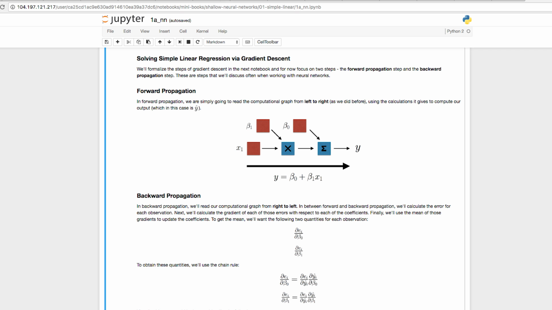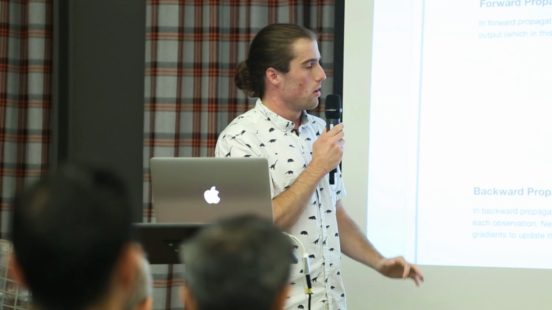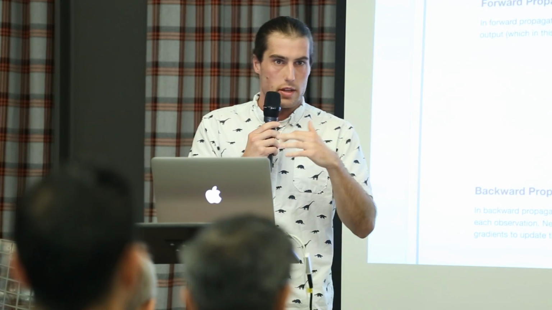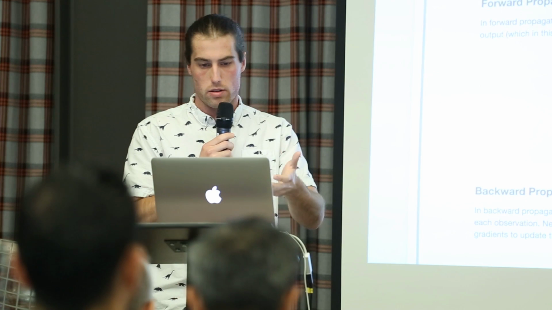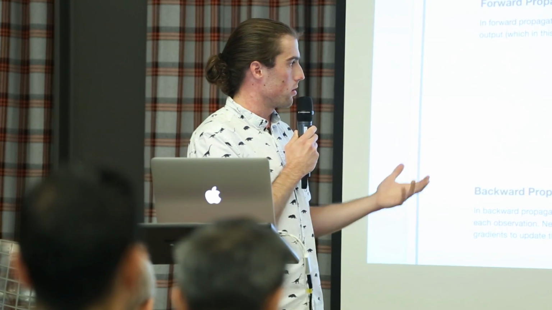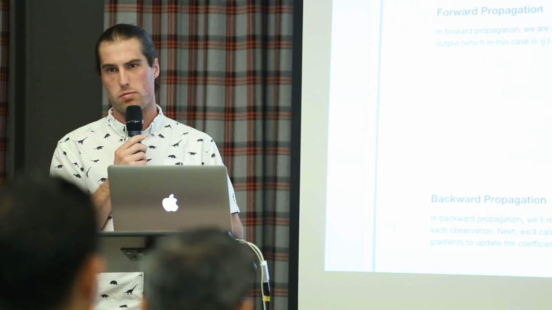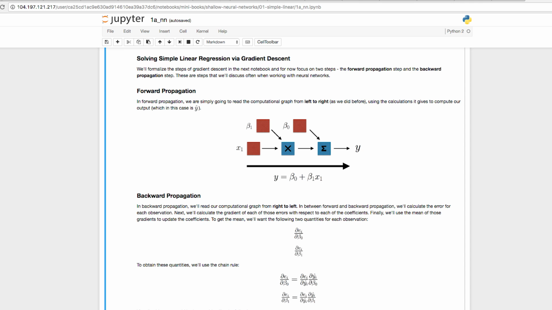Okay. So some other quick terminology updates. We're going to formalize the gradient descent procedure for simple linear regression in probably about 5 minutes. But before we get there, I'm going to take a high-level overview of what we're going to do and discuss some neural net terminology.